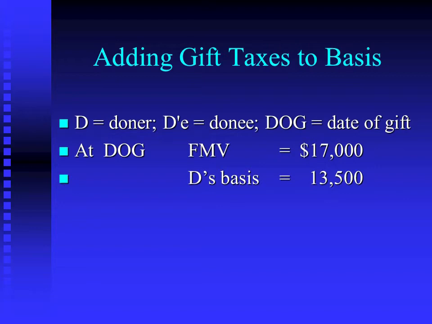And so I may have to fill out a tax form, but I will never owe a gift tax. So in our problems, I will simply tell you what the gift tax was that was paid. You don't have to worry about where that number came from. You just say, oh yeah, the facts must be right. They must have actually paid a gift tax, and the amount must be whatever is here.